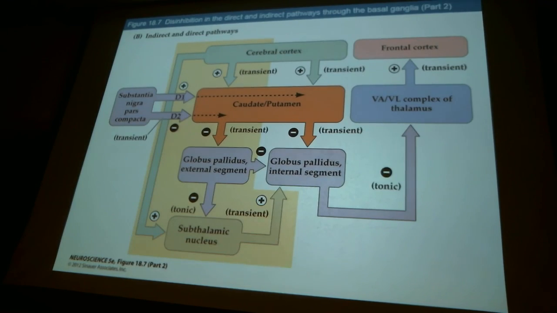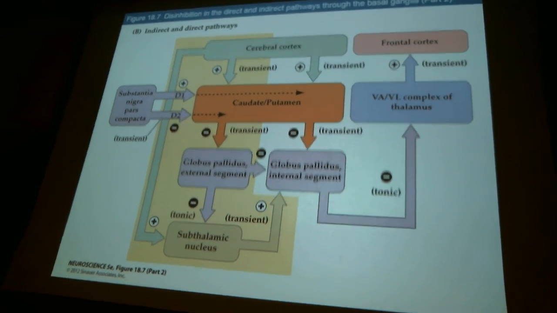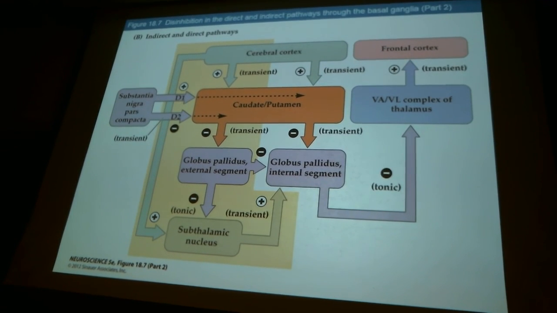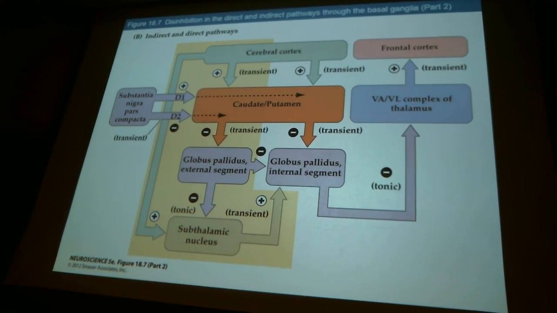Then this dopaminergic signal is going to shift the balance between the direct and indirect pathway. We've set this up to have a balancing act depending on the cerebral cortex, but adding dopamine can enhance the direct effect and suppress the indirect.